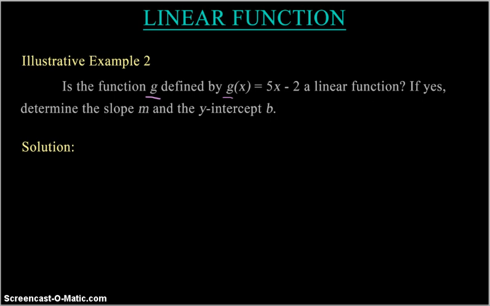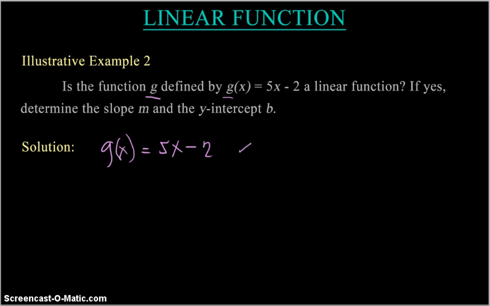First, tingnan natin kung si function ba ay nakasulat sa slope-intercept form. So that is g of x is equal to 5x minus 2. So siya ay nakasulat sa slope-intercept form ng function notation.